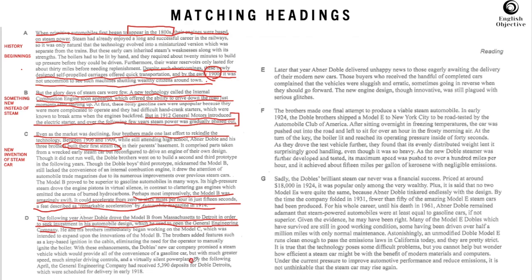By the following April, the General Engineering Company had received 5,390 deposits for Doble Detroits, which were scheduled for delivery in early 1918.